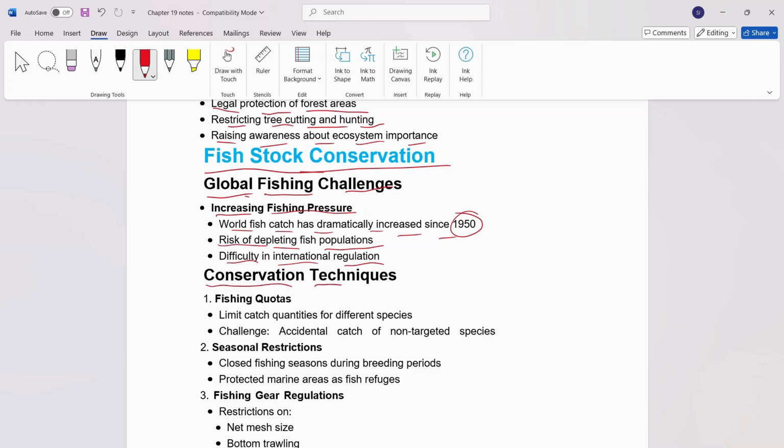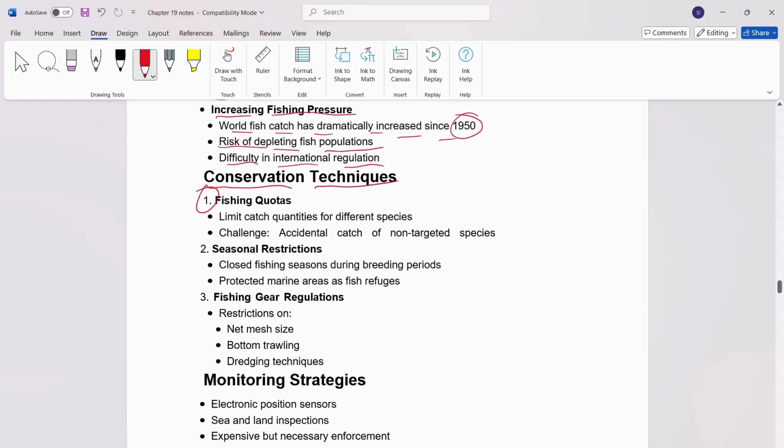Conservation techniques that we have: number one, fishing quotas, which limit catch quantities for different species. A challenge is the accidental catch of non-targeted species. Second is seasonal restrictions, with closed fishing seasons during breeding periods.